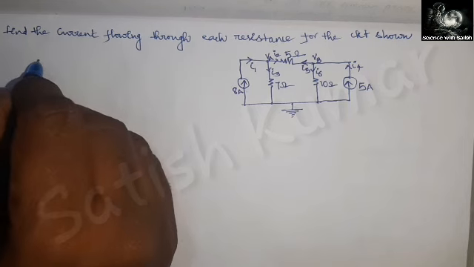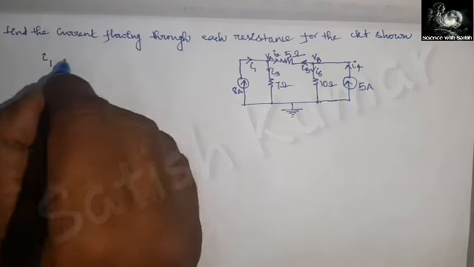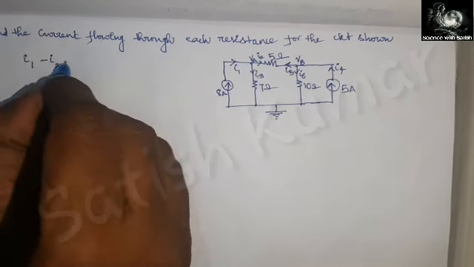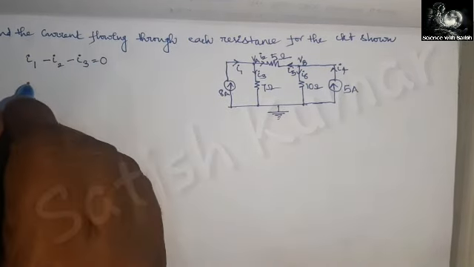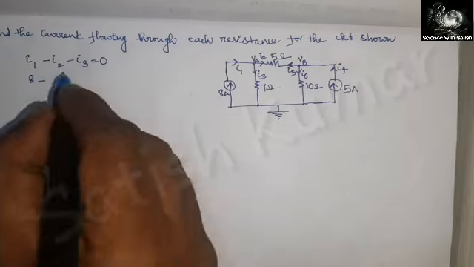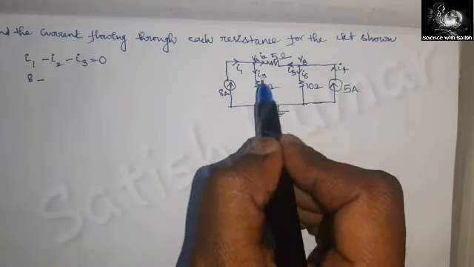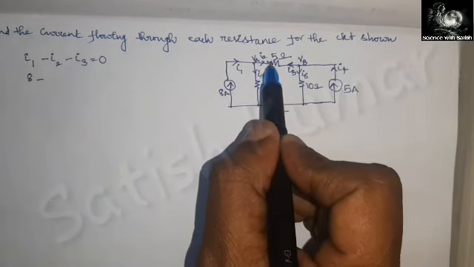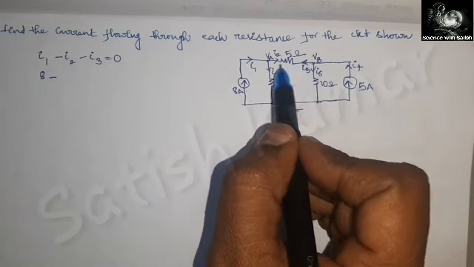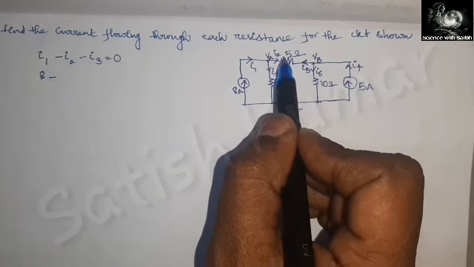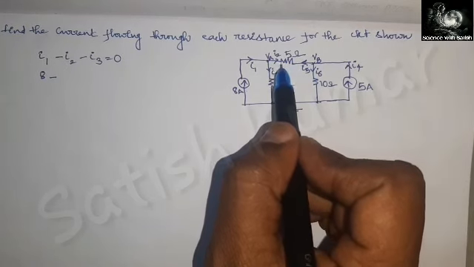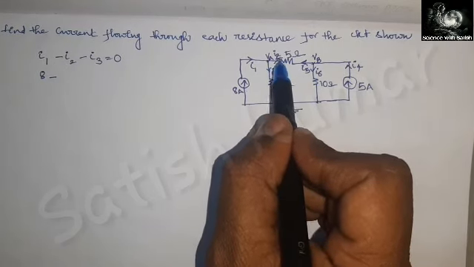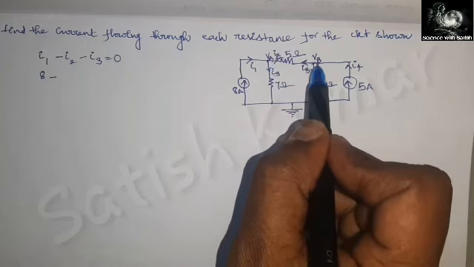Now it becomes I1 minus I2 minus I3 is equal to 0. I1 is 8 minus I2. I2 is the current through 5 ohms. So from the formula V is equal to IR, I can write I is equal to V by R. Here the voltage is VA minus VB, because this current is because of this voltage and this voltage.